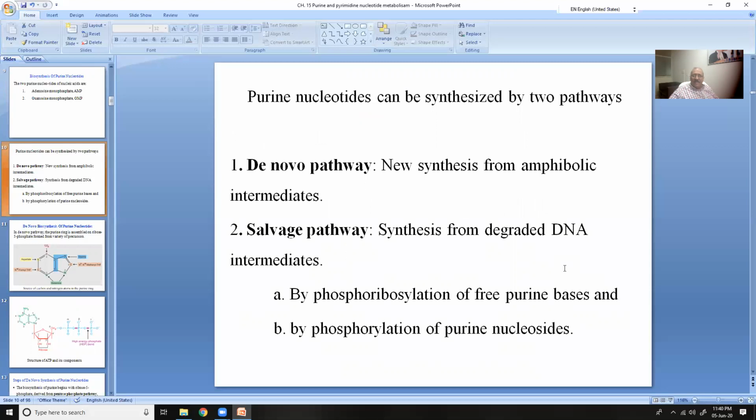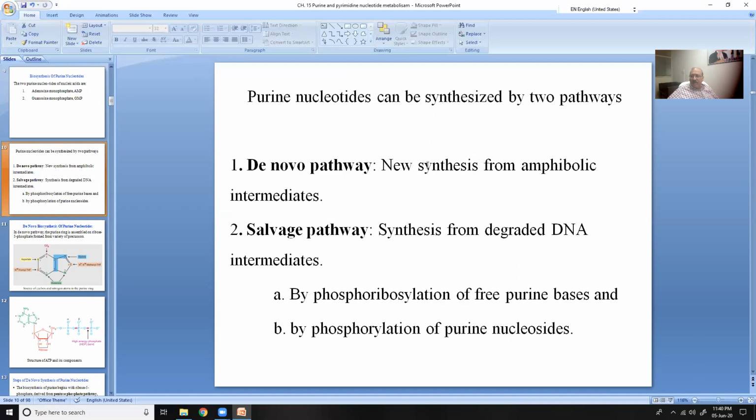Purine nucleotides can be synthesized by two pathways, the de novo pathway and the salvage pathway. De novo means new synthesis from amphibolic intermediates, and the salvage pathway means synthesis from degraded DNA intermediates. Understand the difference between de novo and salvage.